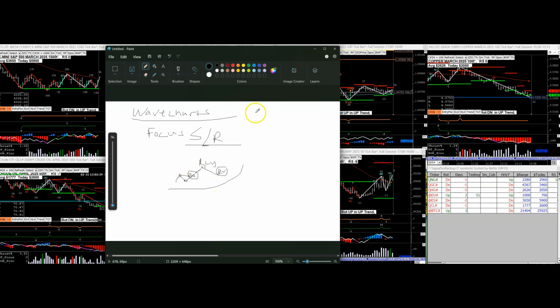So the second point you learned was that when you have an upsloping uptrend, there will be many times when you see a breakdown in an uptrend, but do not take it because it's a trap. And what you're going to get is a reversal back up.